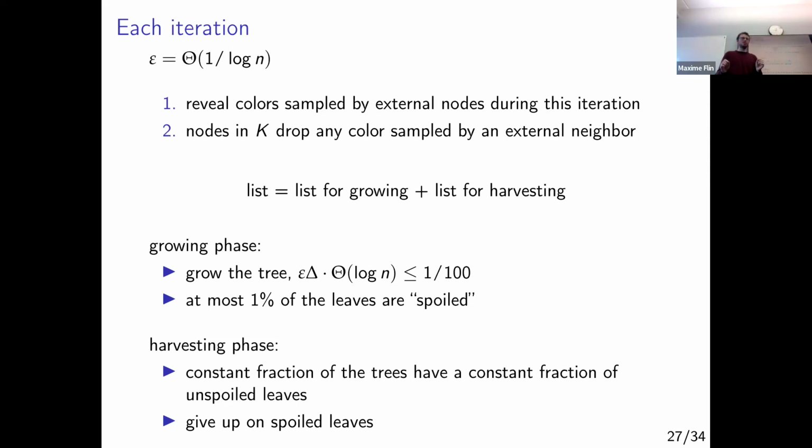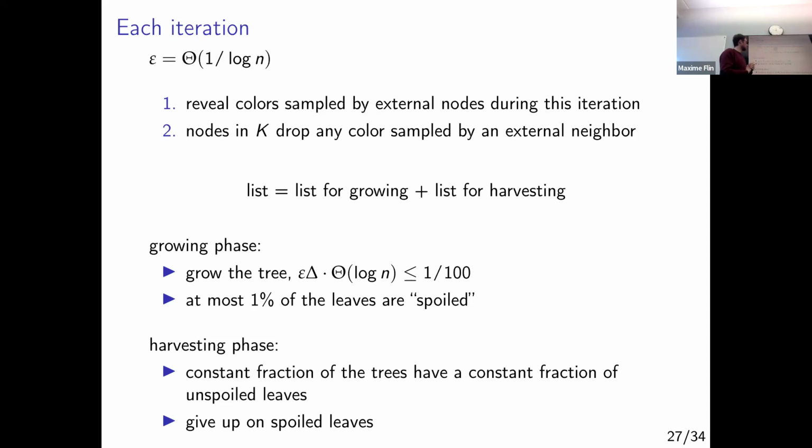What's a bit more annoying is when you look at the leaves, what I've called harvesting, where you try to get the fruits of the trees and recolor them. Then you really look for specific colors, not just any colors in the leaf. What we show is that a very small set of nodes are going to be bothered by the external neighbors at this point of the algorithm.